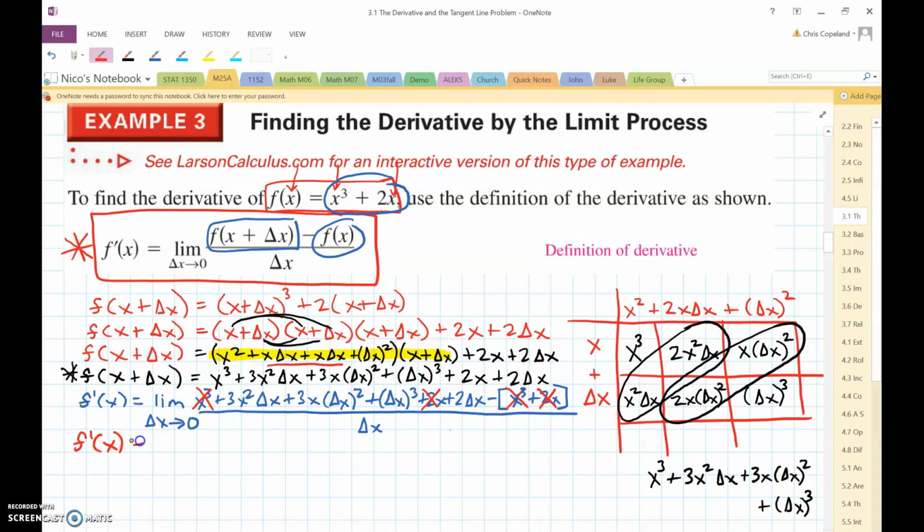So f prime of x, that means the derivative of f of x, is the limit of 3x squared delta x plus 3x delta x squared plus delta x cubed plus 2 delta x, all over delta x as delta x goes to 0.